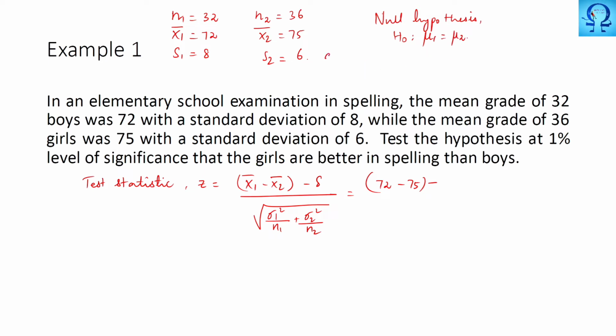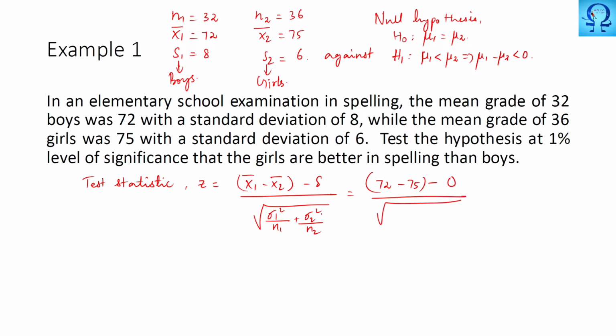Against the alternate hypothesis H1, supposing this n1 is related to boys, all these things are related to boys and all these things are related to girls. In that case we are asked to check girls are better in spelling. So this mu1 is smaller than mu2, that is mu1 minus mu2 is smaller than 0. So our delta value is 0.